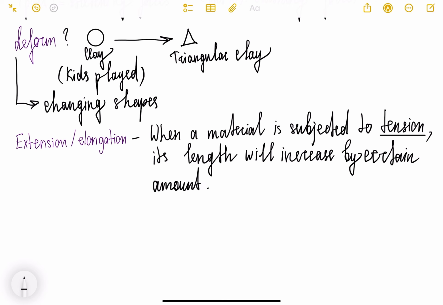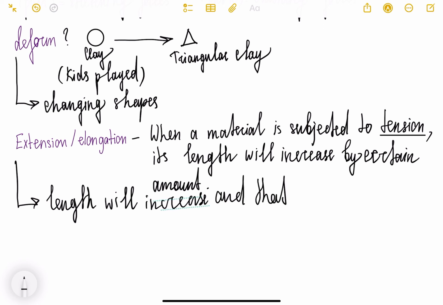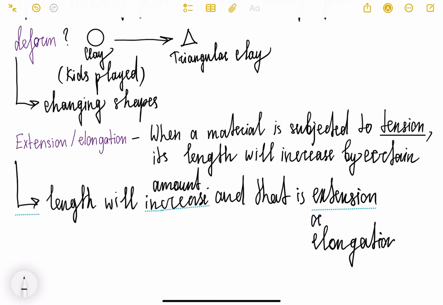So when the material is subjected to tension, its length will increase by a certain amount. So extension and elongation just have that meaning in their word meaning, right? This is just the length will increase, and that is extension or elongation.